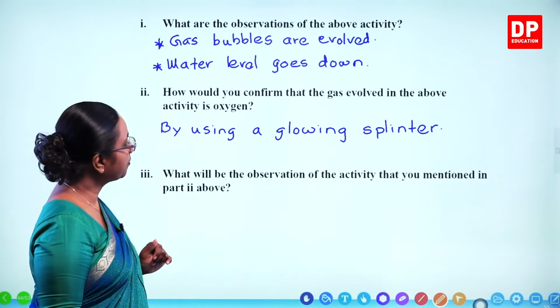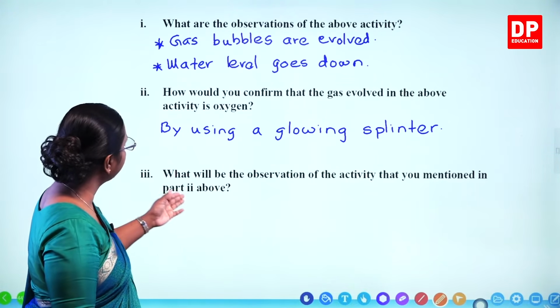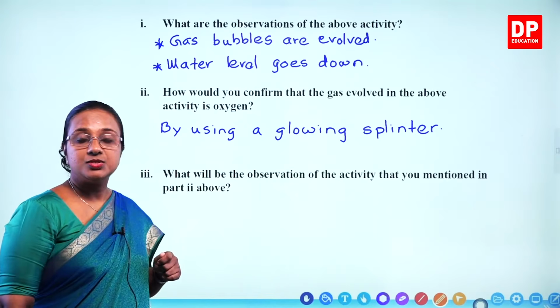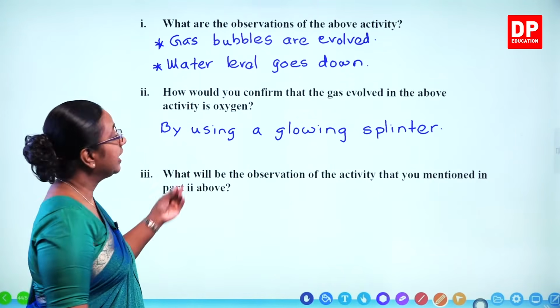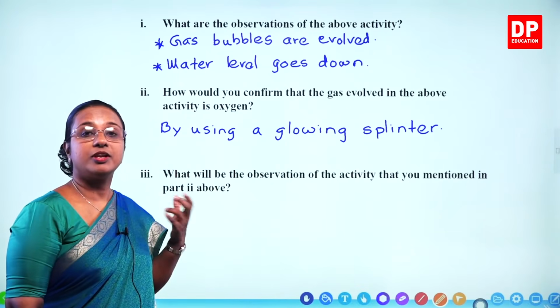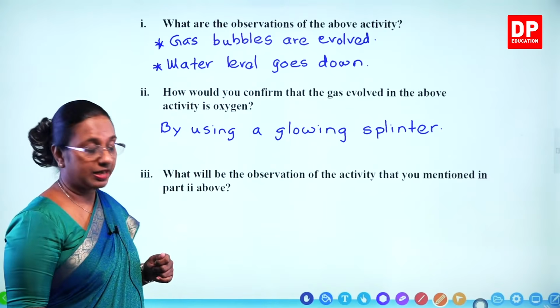What will be the observation of the activity that you mentioned in part 2 above? That is, when you insert a glowing splinter, it will rekindle or reignite and you will observe a flame.